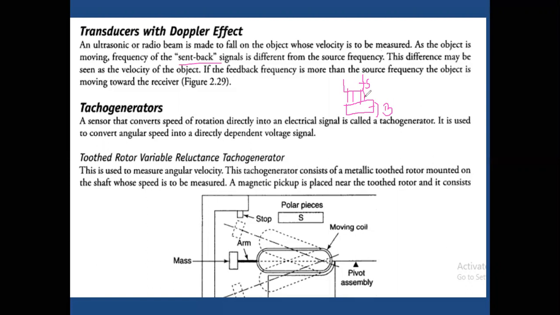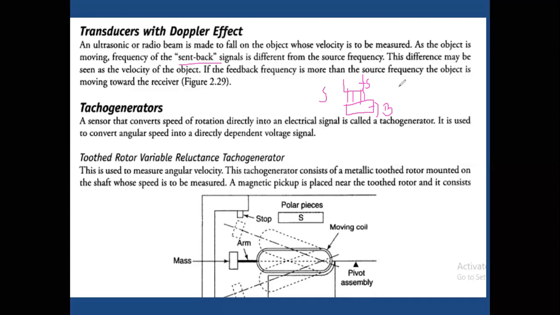Here two frequencies are there. The first is the source frequency, the frequency at which the sensor releases the ultrasonic waves over the body whose velocity is to be measured.